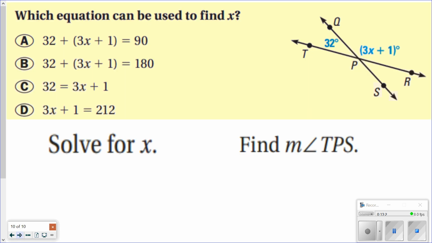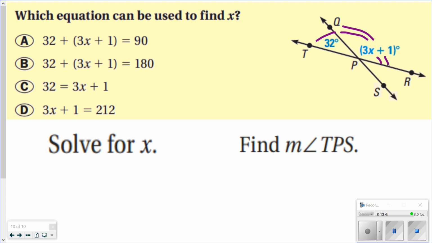All right, here's our last question. This is an AIR style or ACT style question. Which equation can be used to find x? So if I look here, I have these two angles. What's important here is you have to figure out what type of angles are they? Are they vertical or are they a linear pair, supplementary angles?